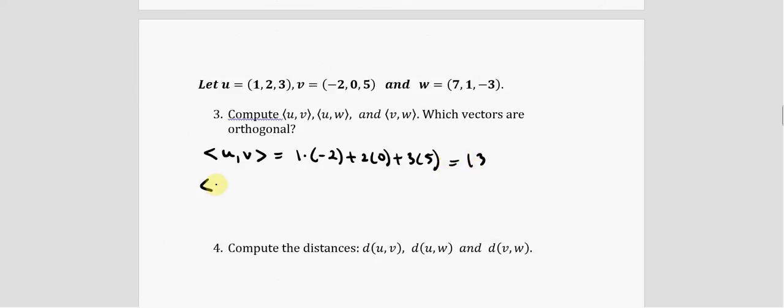The inner product of u with w is 1 times 7 plus 2 times 1 plus 3 times negative 3. So that gives us 7 plus 2 minus 9. That gives us 0. So you can say there that u and w are orthogonal.